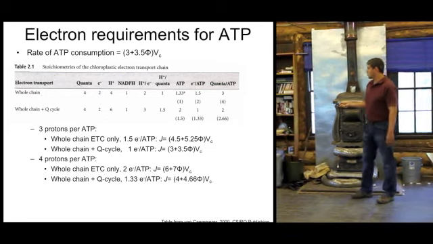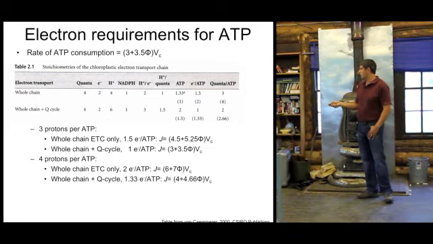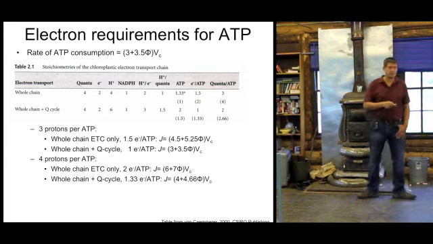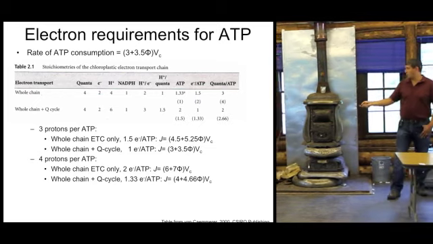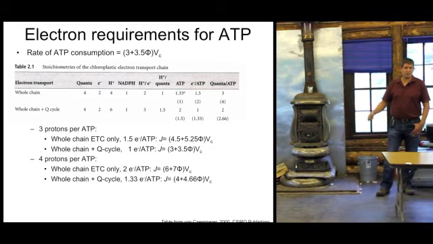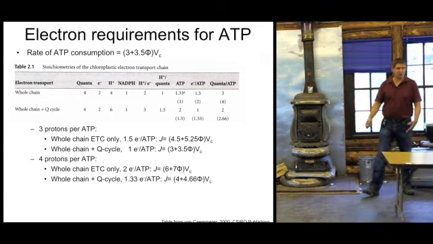So what I generally do is I assume we have whole chain plus Q cycle, where you get 1.33 electrons per ATP. And here's the electron requirement, 4 plus 4.66 phi. Now that 4.66 is 0.66 higher than what we need for NADPH. But, you know, it's close enough. It's empirical.